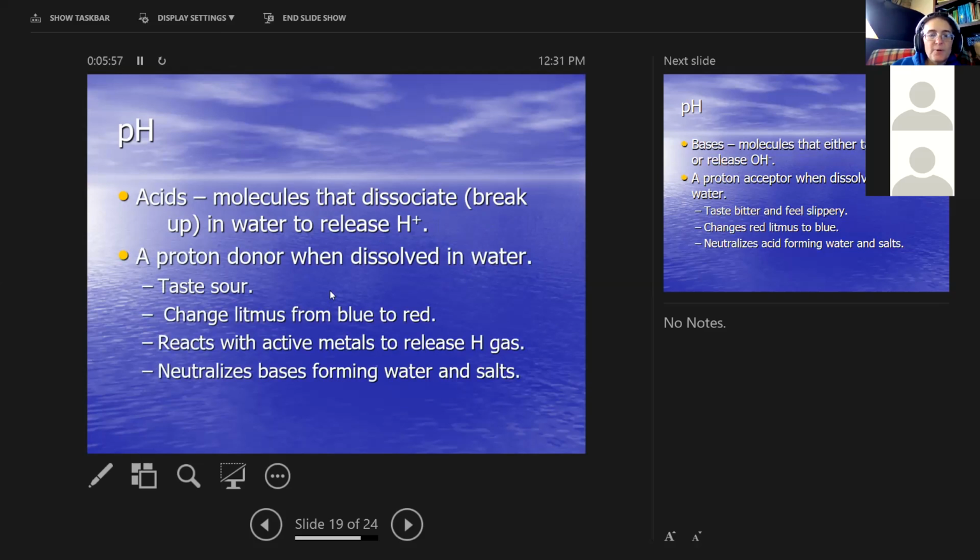So how can we determine an acid? It's going to have a sour taste. If you want to taste it, those old alchemy guys did things like that. Some of them died. I've told you about that. So that's not a good thing. But lemon juice is an acid, vinegar is an acid, and we know they taste sour. Litmus paper turns from blue to red. This is a lab I would have had you do probably last week if we'd still been in school.